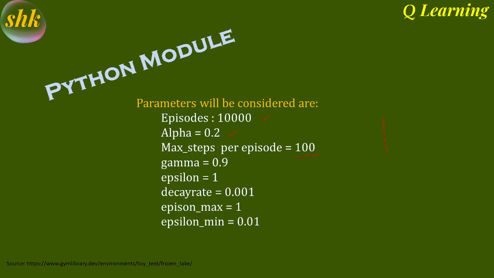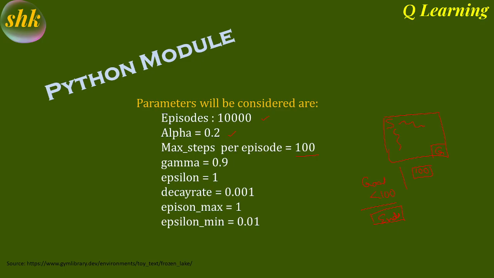The maximum steps in an episode: when we start from the start, our goal is to reach the goal state. So the agent moves in any direction, and the maximum we are allowing is 100 steps. There are two possible cases. The agent may reach the goal within the 100 steps, then the episode ends.